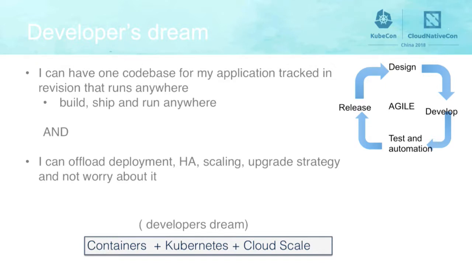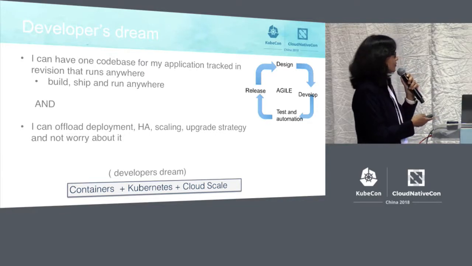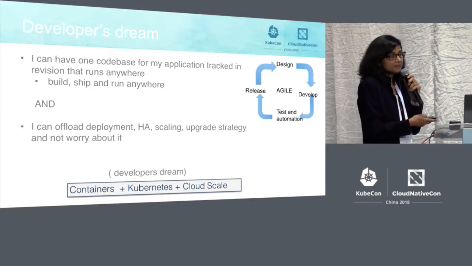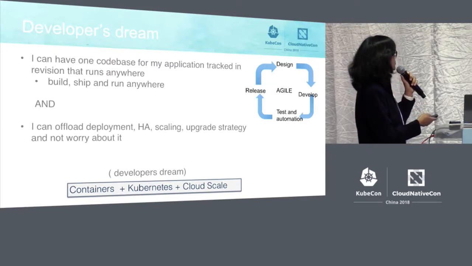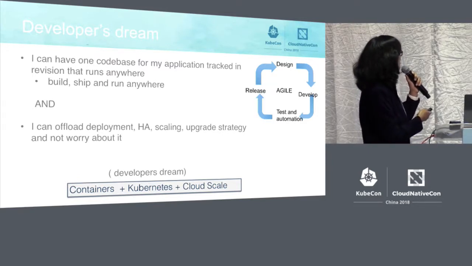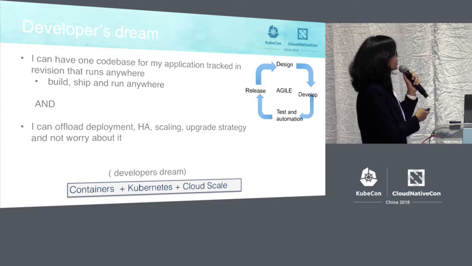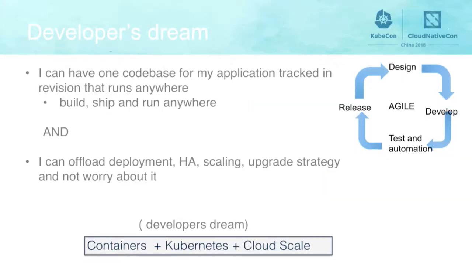So just release and be agile. Agility is added now, which could be weeks, maybe months sometimes, but it's usually weeks. That's what we think of when we come to agile coding. So build, ship, and run anywhere. And that's what containers promise us.